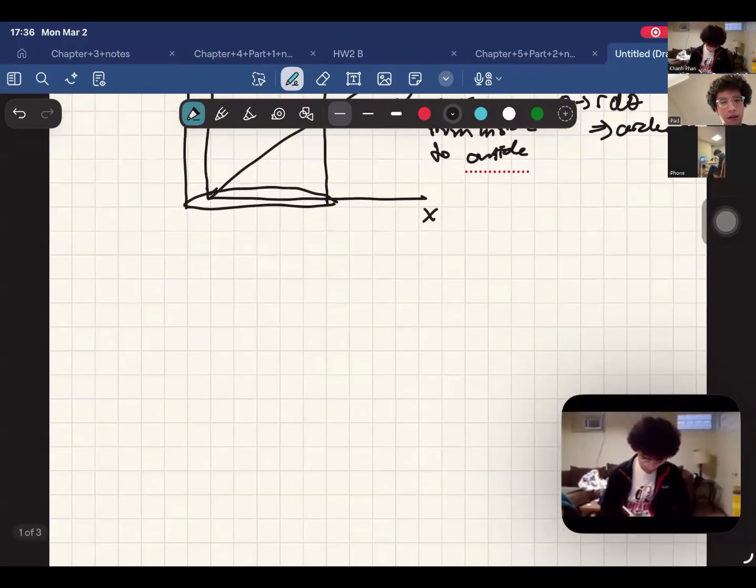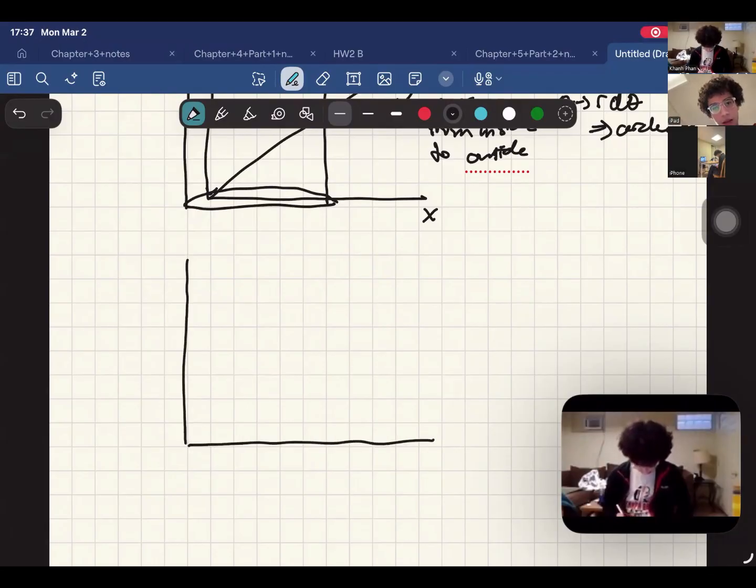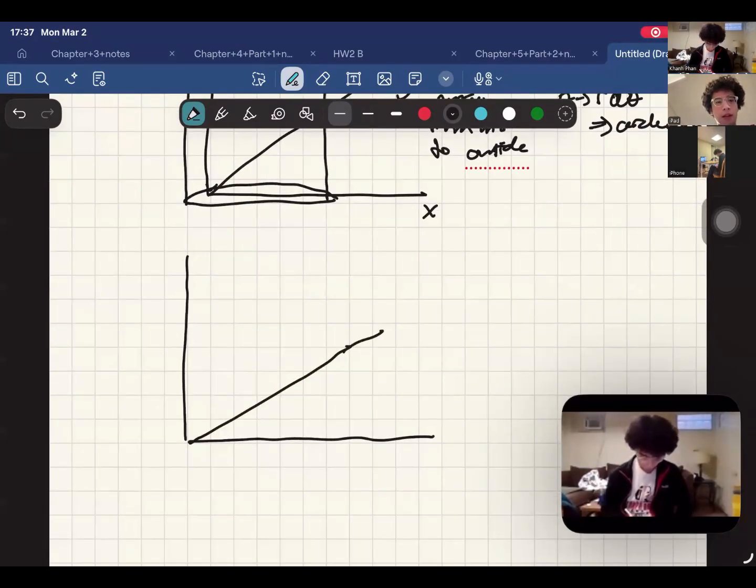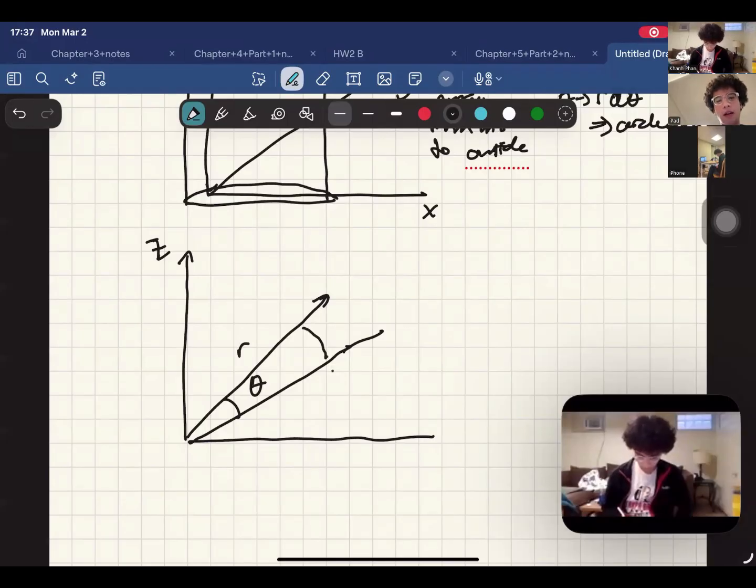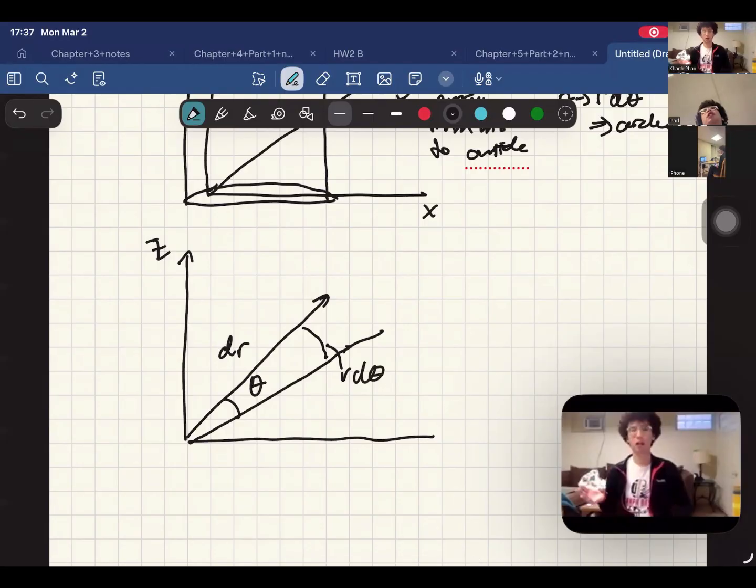I'm gonna illustrate the radial coordinates. So it's gonna be z, and this is r, the radius, and this is angle theta, and this arc length r d theta represents the change of arc length with respect to the change of theta.